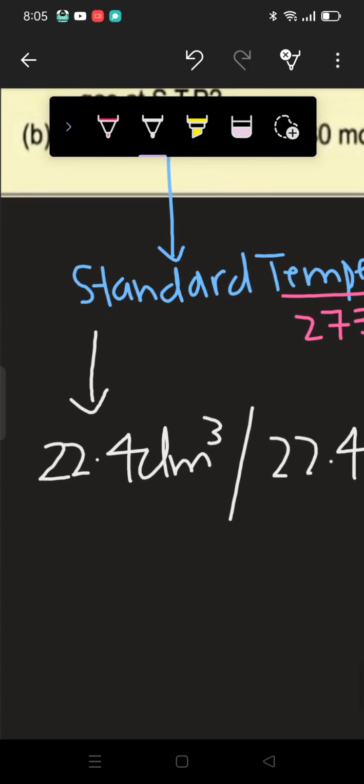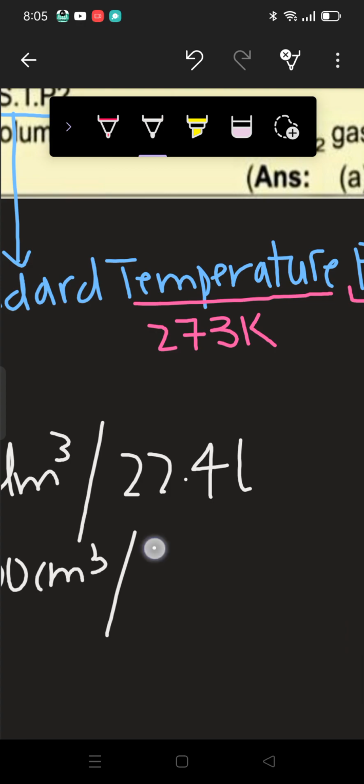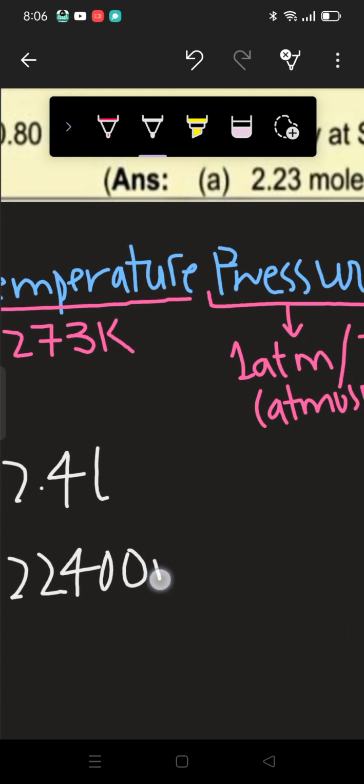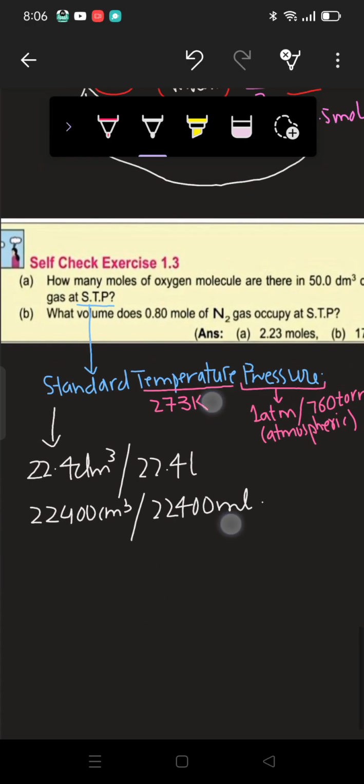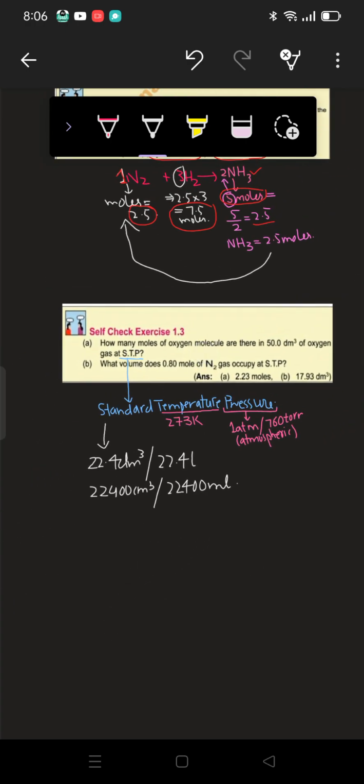If you want to write that in centimeter cube or in milliliter, you need to multiply this by 1,000. It would be 22,400 centimeter cube or 22,400 milliliter. This is the molar volume of any gas at STP.